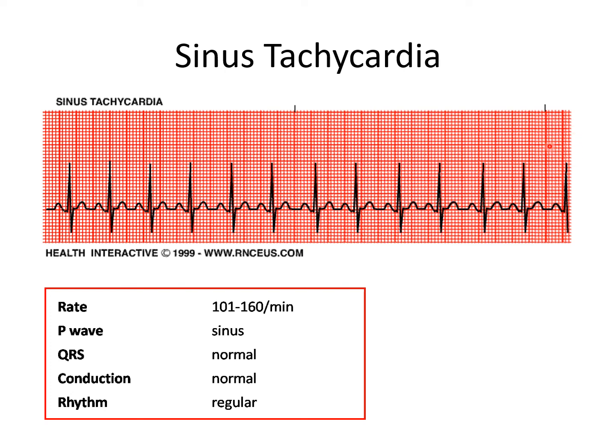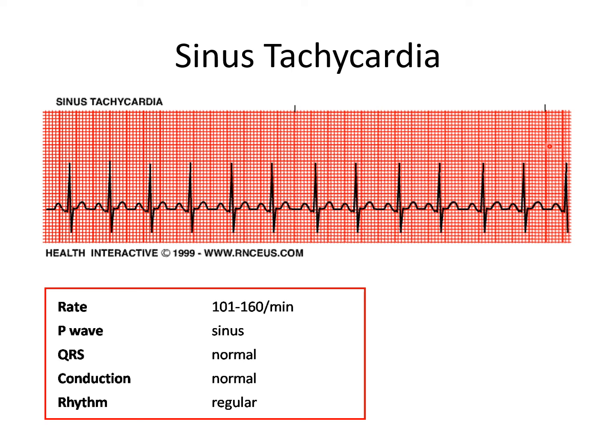About 12. So we have 12 times 10, or 120, would be our rough estimate for the patient's heart rate. The rate for tachycardia is over 100. So 101 to 160 beats per minute would indicate that the heart rate is above normal and it's tachycardia.